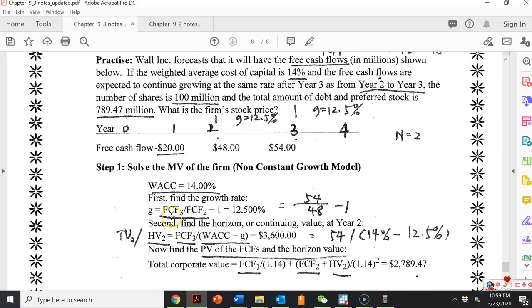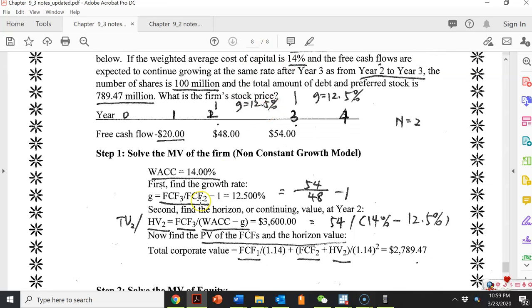We can use free cash flow 3, 54, divided by free cash flow 2, 48, minus 1. So we have 12.5% as the growth rate from year 2 to year 3. And it's going to be the same next year and all the years after. So G2 is 12.5%. We can also find the horizon value at year 2.